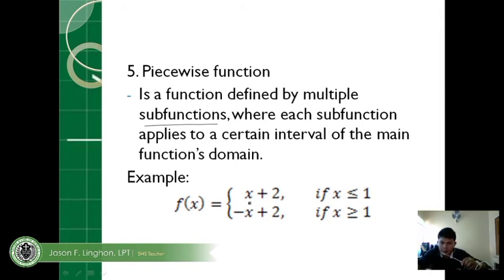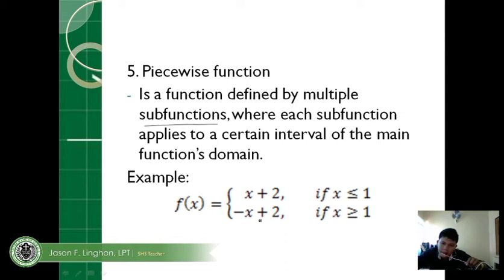So here, we have the subfunction x plus 2 and its limit or the interval is x is less than or equal to 1. So starting from x is equal to 1 up to the negative infinity yung kanyang graph. Okay?